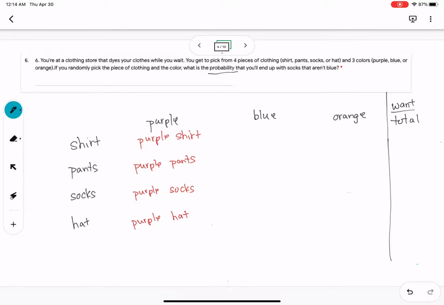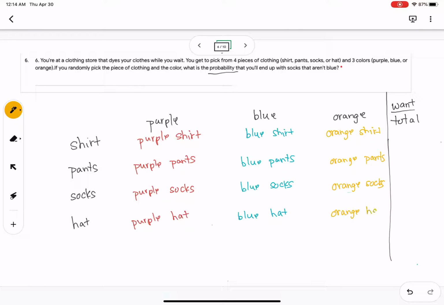Or he could get a blue shirt, blue pants, blue socks, or blue hat. Or he could get an orange shirt, orange pants, orange socks, or an orange hat.